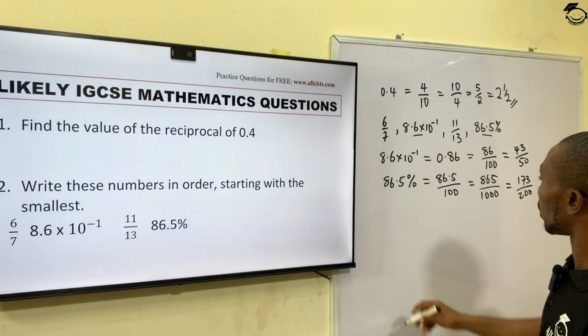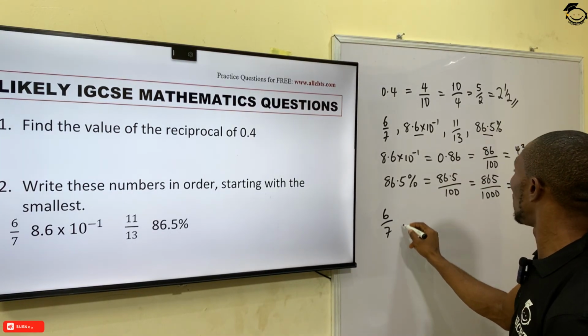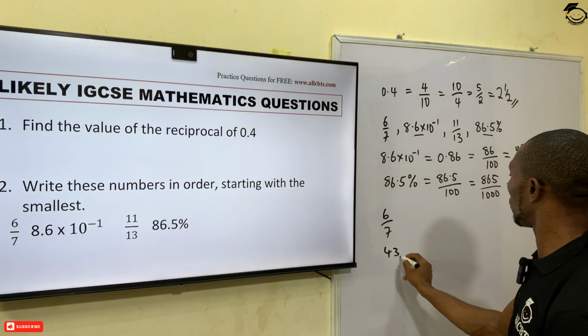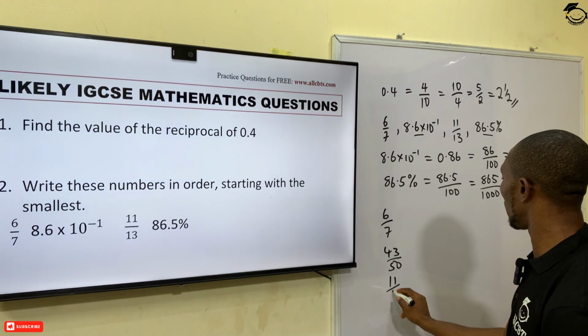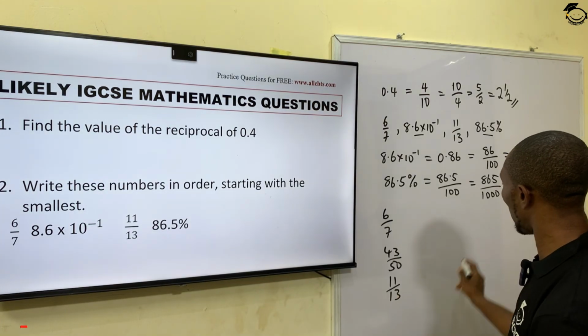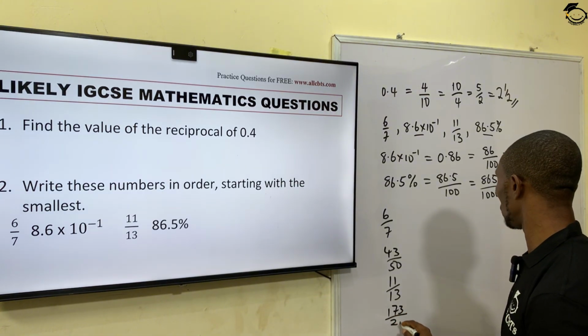Back to our question, we have 6 over 7, 43 over 50, 11 over 13, and the last one is 173 over 200.